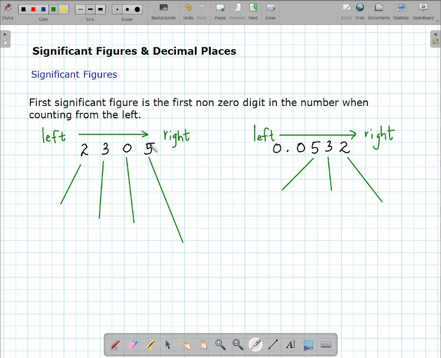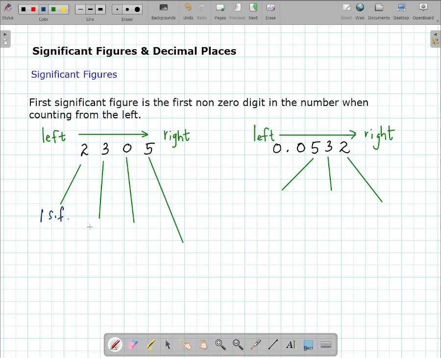Okay, let's go to the first number given. That is 2305. Then we start counting from left to right. So what is the first non-zero digit? That is 2. 2 is the first SF.